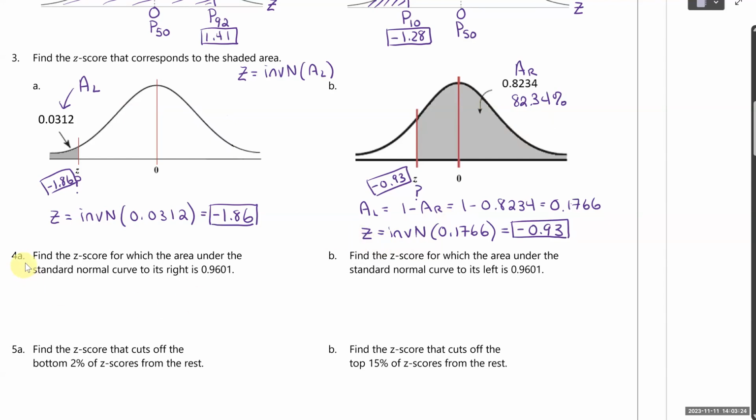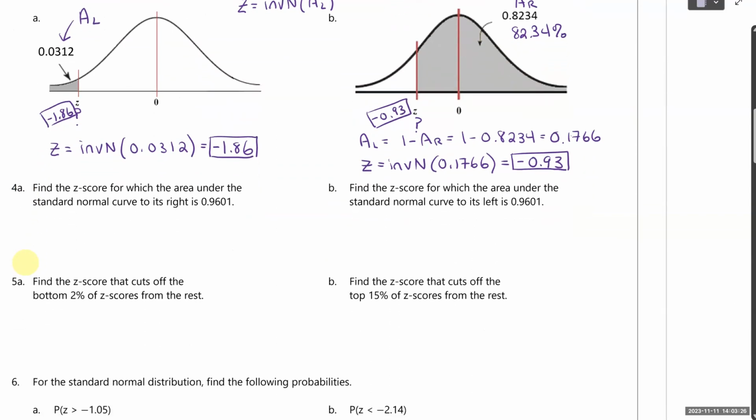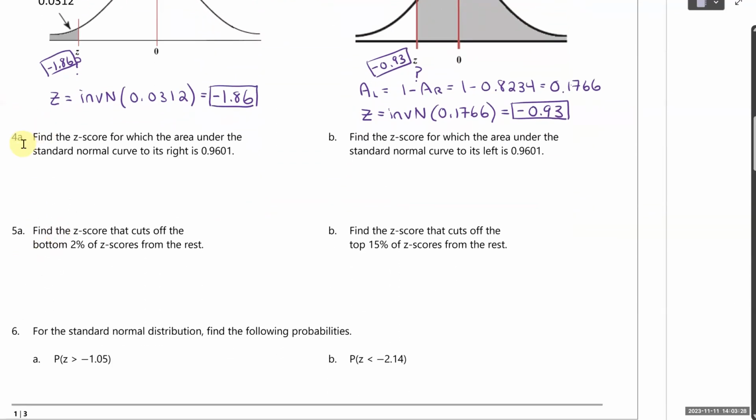All right, so even without a picture, we should be able to do these. So find the z-score so that the area under the standard normal curve to its right is 0.9601. And we're immediately going to say, well, I need the area to the left.